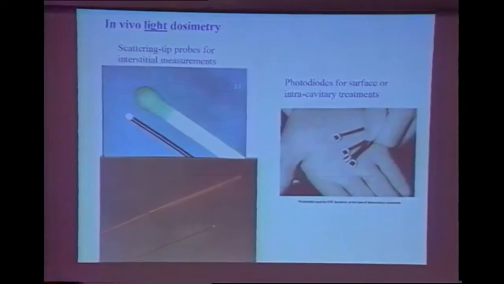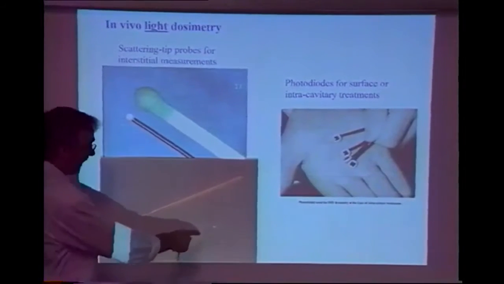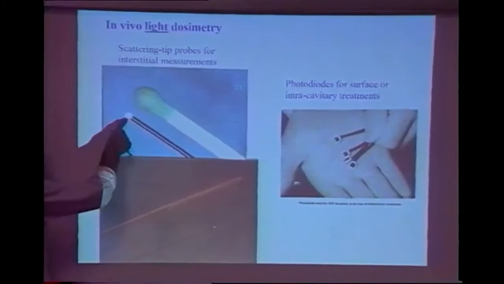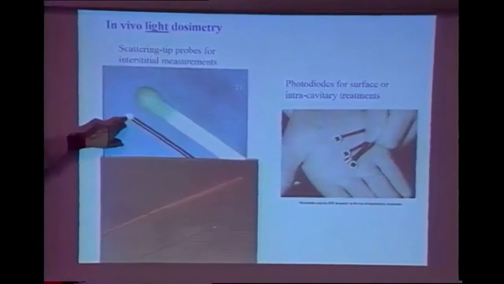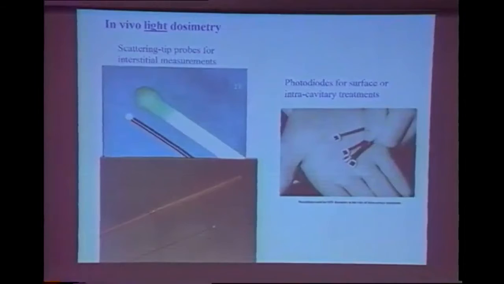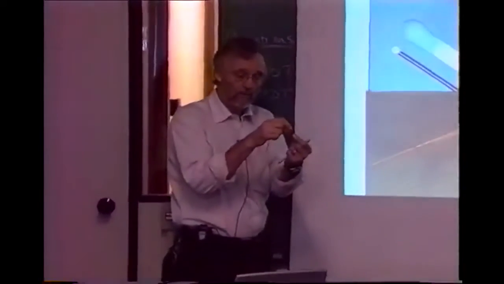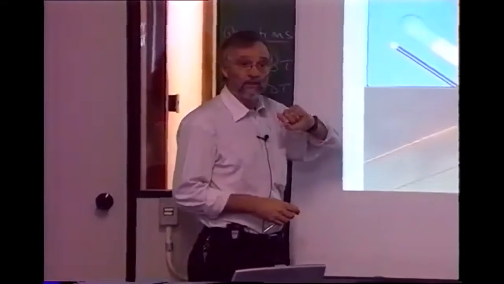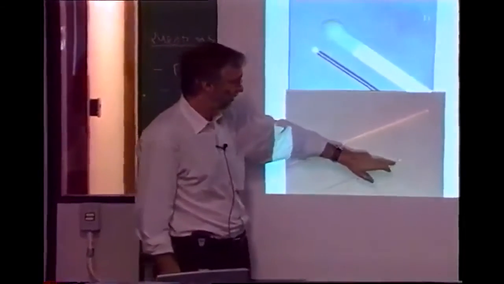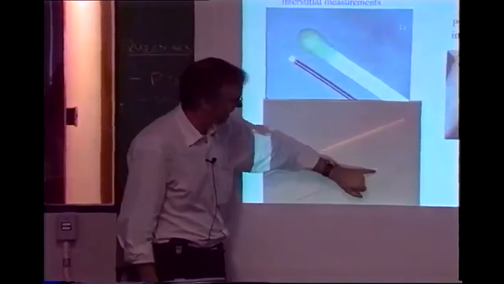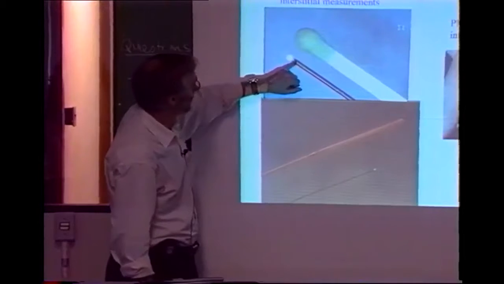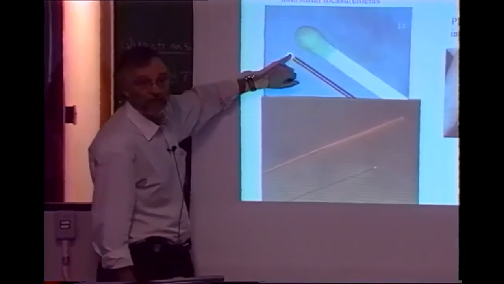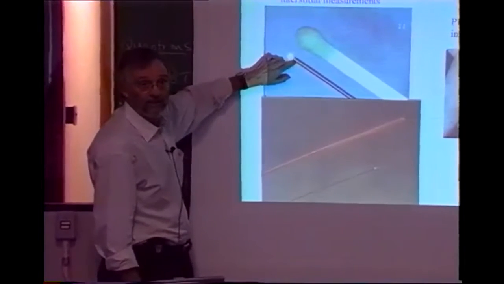How does the surface work? Is the surface a white surface? Yeah, people have done different things. You can do it by taking a little sphere of epoxy mixed with some titanium dioxide and making a little tip on the end. The more recent ones, if you buy them commercially now, don't have this sphere. They simply take the fiber, strip off the last millimeter, and coat it with the scattering material.